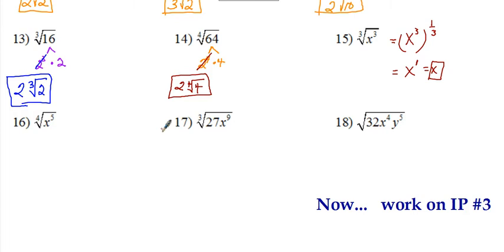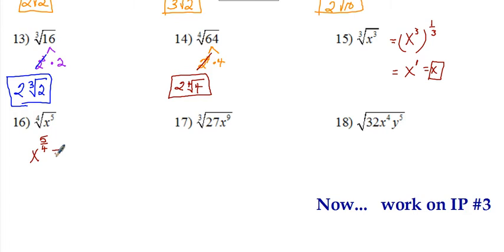Number 16, let's convert this. Instead of going from rational exponents to radical form, let's go from the radical form to the rational exponent. Power on top, root on bottom. We can actually simplify this.